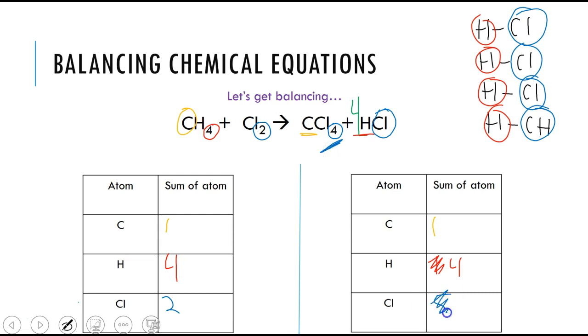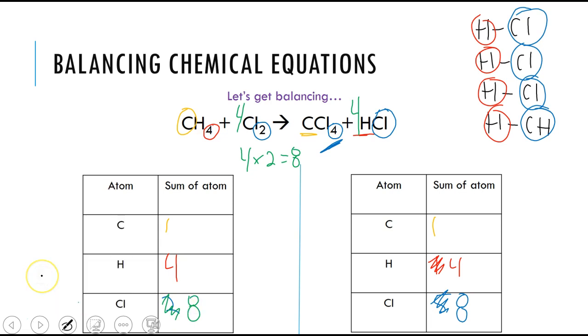So we now have 8. On the right-hand side, we have 8 chlorines. On the left-hand side, we only have 2. But that is an easy fix. Let's use our coefficients. If we only have 2 on the left-hand side, if we do a large 4 right there, because 4 times 2 equals 8, we then have a balanced chlorine.